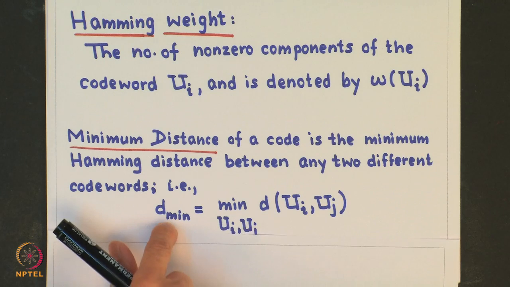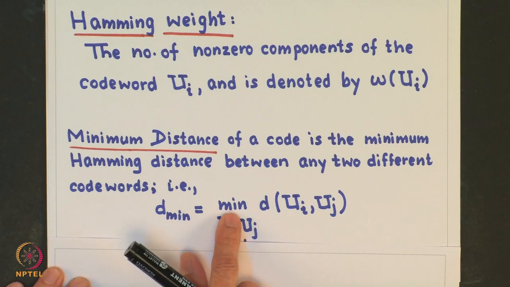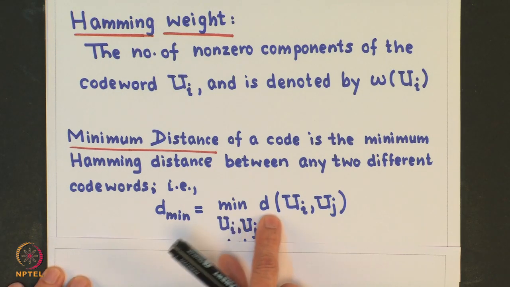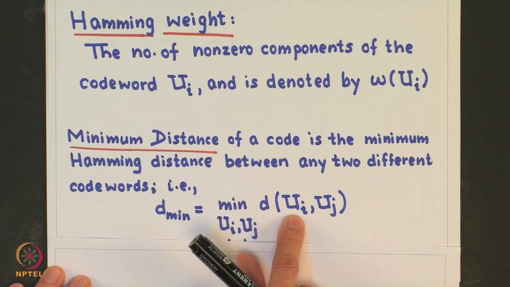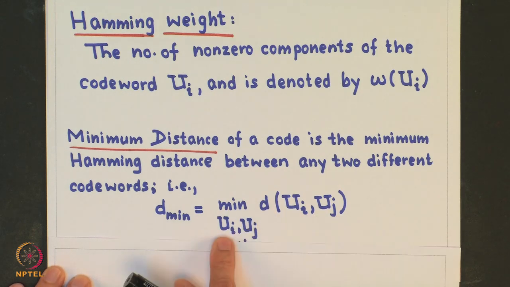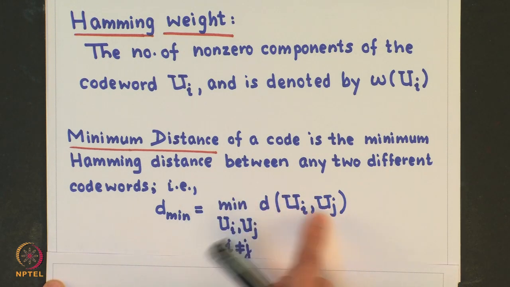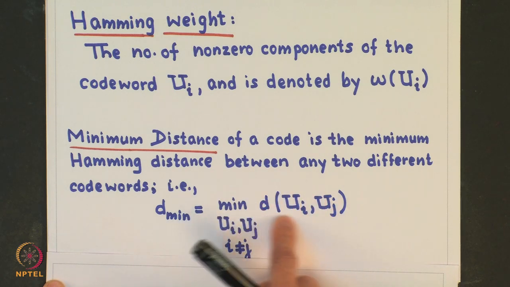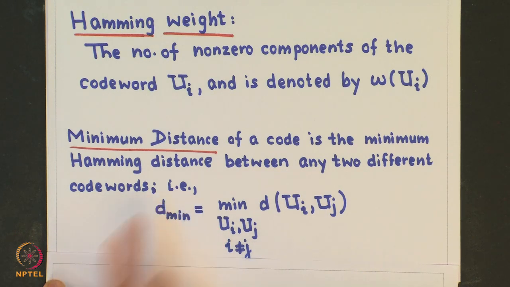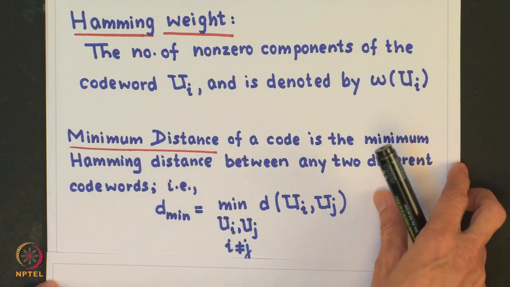So, d minimum is equal to the minimum, which you have to calculate between all Ui and Uj, assuming that Ui and Uj are not the same. For whichever two code words we get this distance to be minimum, that distance is defined as d minimum, and that forms the minimum distance of a code.